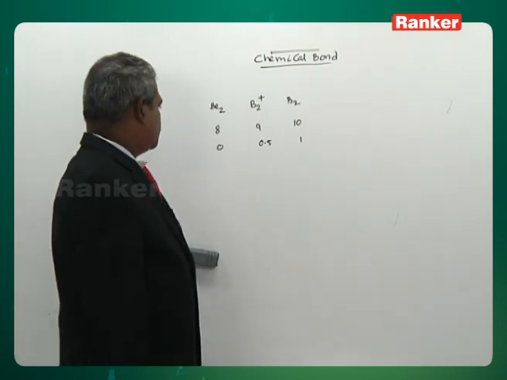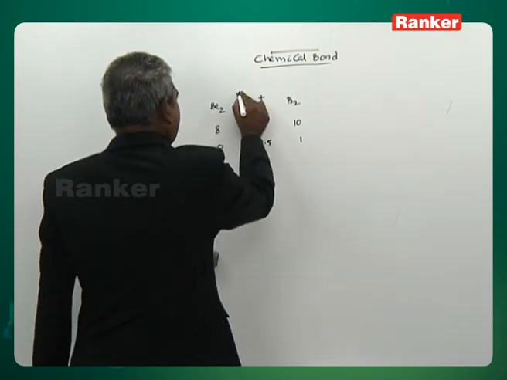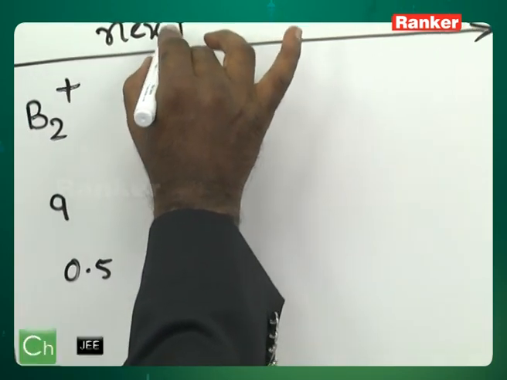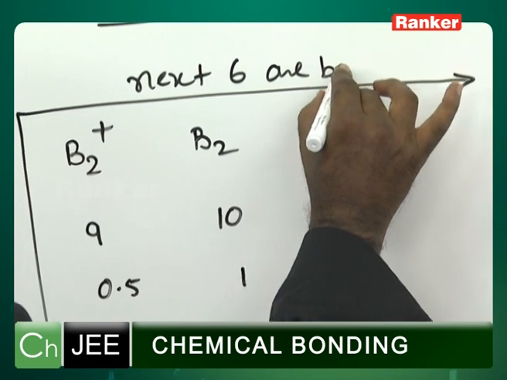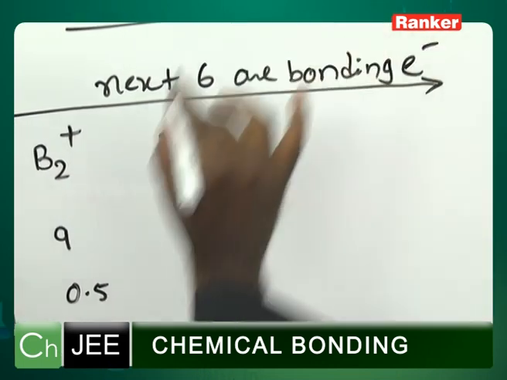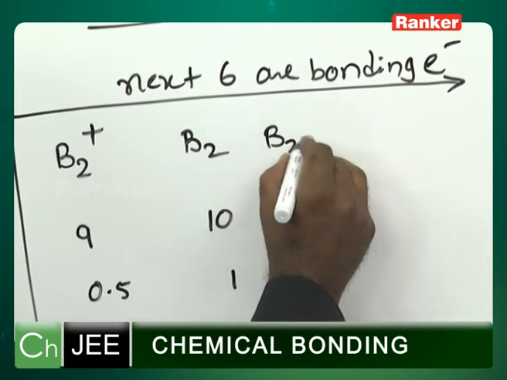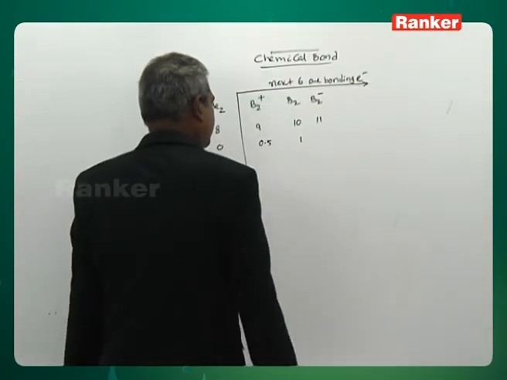So, B2 plus is 0.5. The additional electron is bonding; starting with 8, the next 6 are bonding electrons, which increase the bond order by half. B2 minus is 2 borons with an additional electron, 11, if such an ion ever exists.